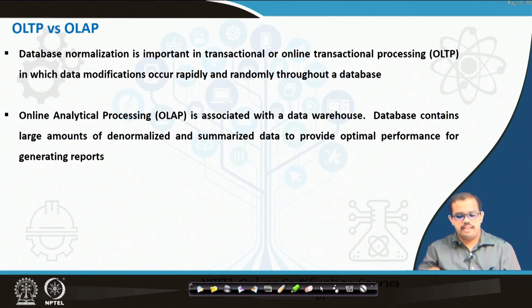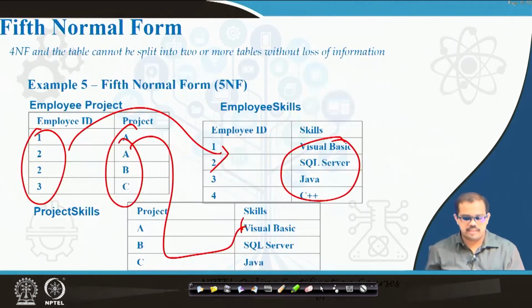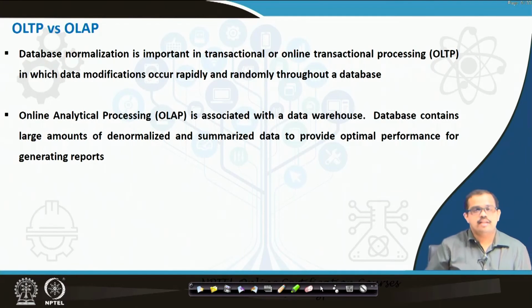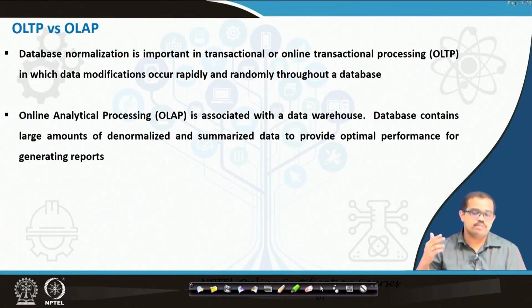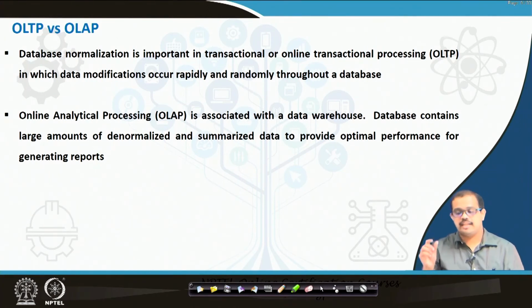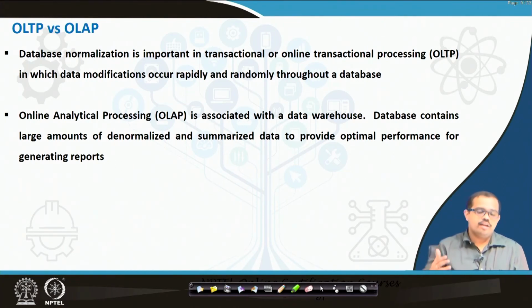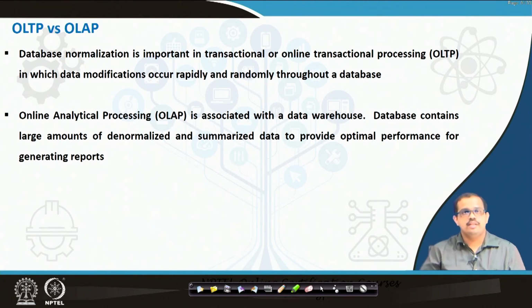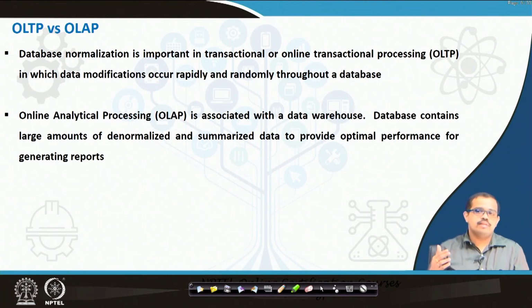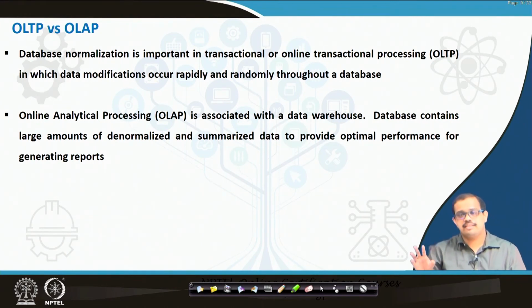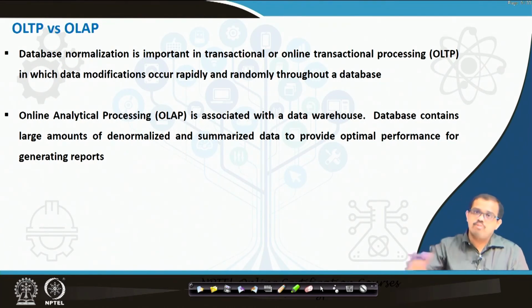Then there is OLTP, okay, this is the same example that I have shown here. Then the terms OLTP versus OLAP. When I say OLTP, it is online transaction processing. When you are trying to do database normalization, we have to look at whether it is transactional, that is online transaction processing, in which data modification happens very rapidly and randomly throughout the database.